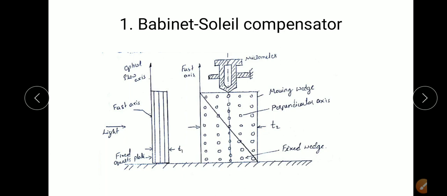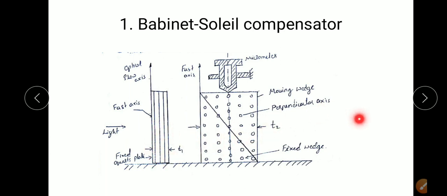The light coming through will not get any retardation at the end. Retardation is nothing but the phase difference between the two waves coming out of the quartz plate, where one wave is slower and one is faster. If T1 is equal to T2, there is no retardation.